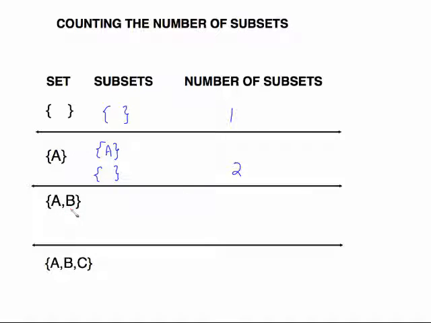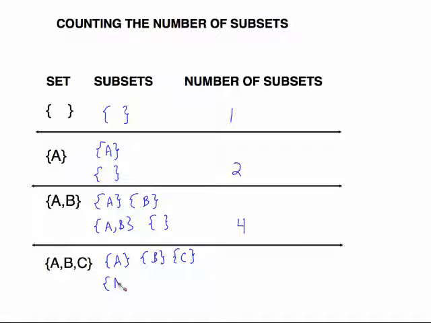When there are 2 elements, my subsets are the singleton set A, the singleton set B, the set itself, which is AB, and of course the empty set, which gives me 4. To write out all the subsets of the set that contains A, B, C, I have the singleton A, the singleton B, the singleton C. Then look at your doubles.